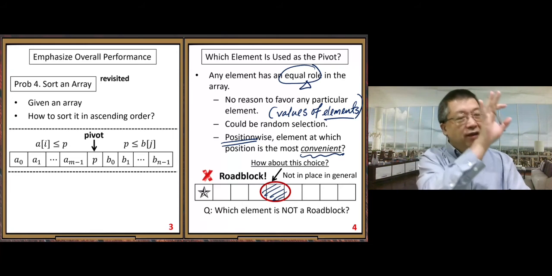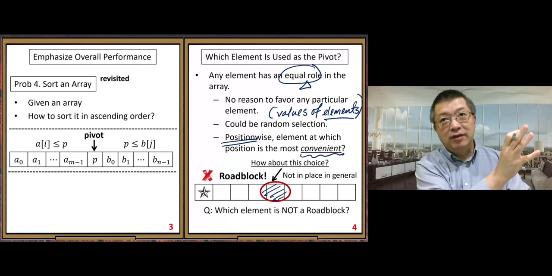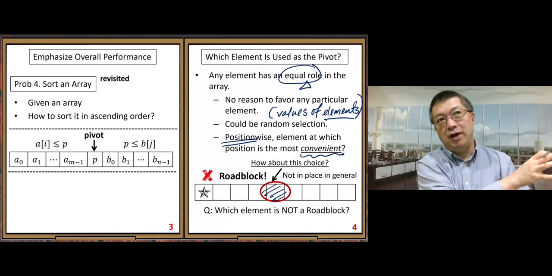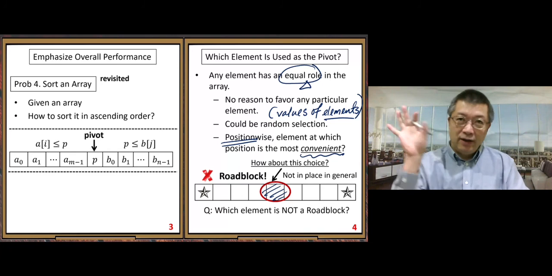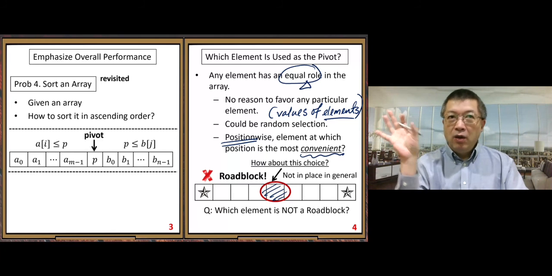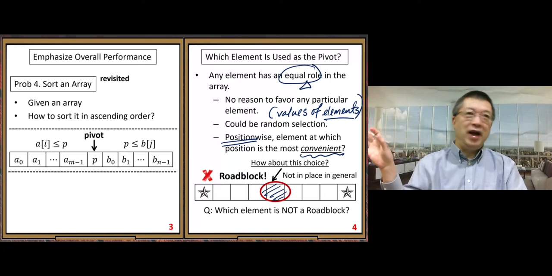The first one, leftmost element. It's not roadblock, right? When you move around other elements, you do not need to touch the leftmost element, right? Another special position, rightmost element. When you move around other elements, you do not need to touch the rightmost element, right?